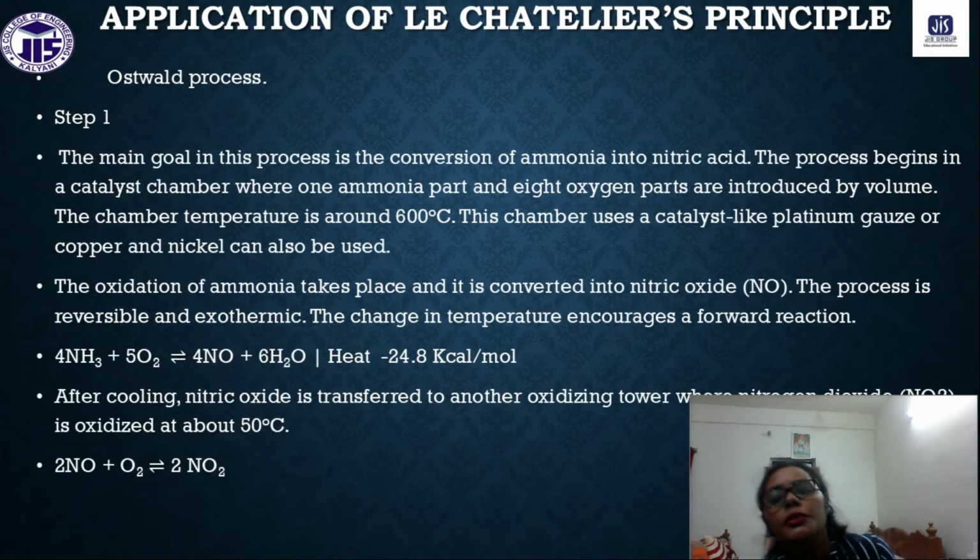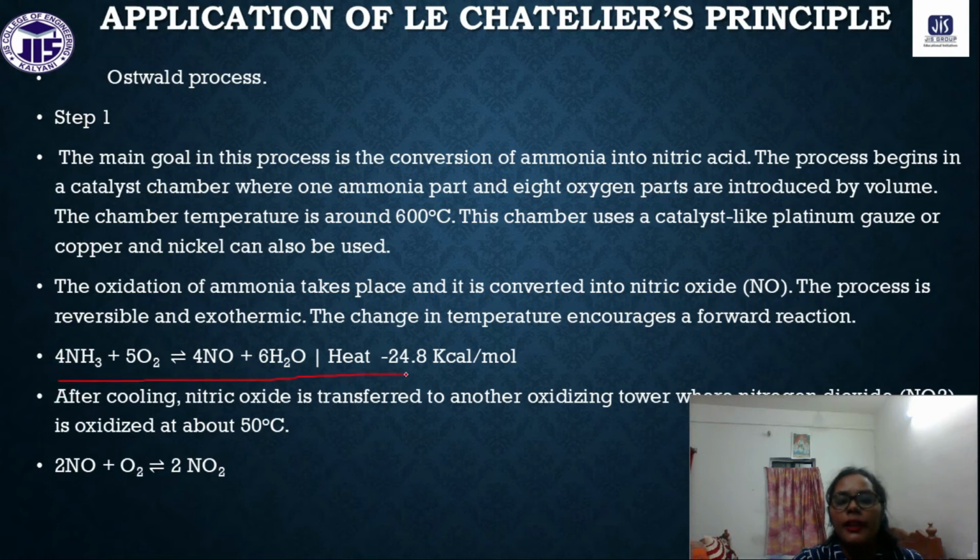Now we will see the step 1 process, what the mechanism is, and how the nitric acid is forming. In step 1, first of all, the ammonia will react with oxygen and form nitric oxide and H2O, and heat is evolved, that is minus 24.8 kilocalorie per mole.